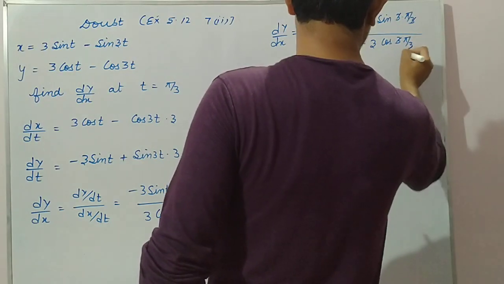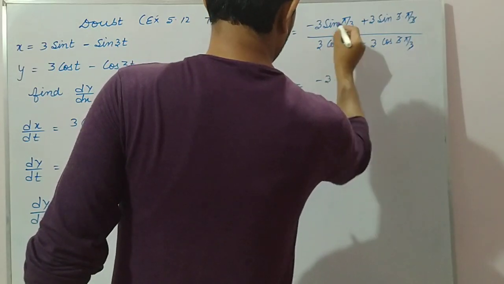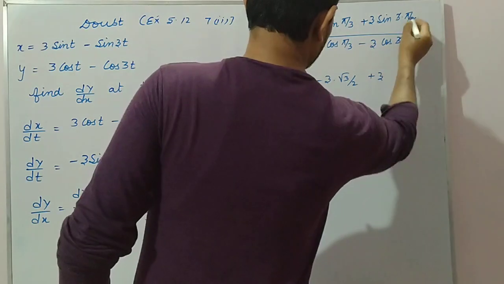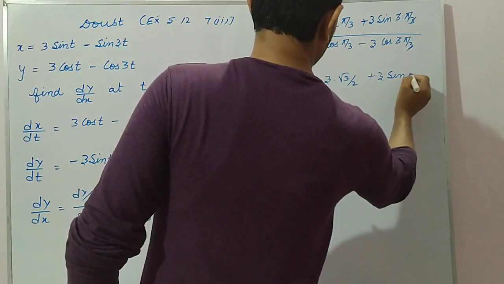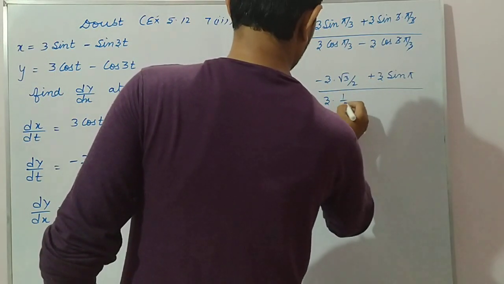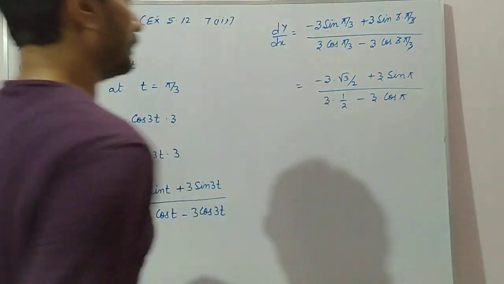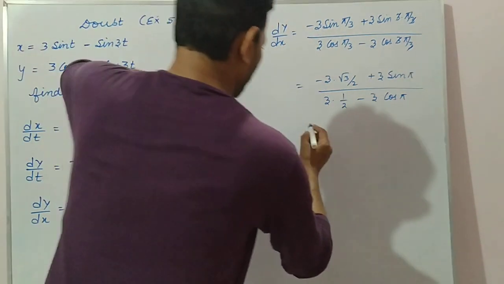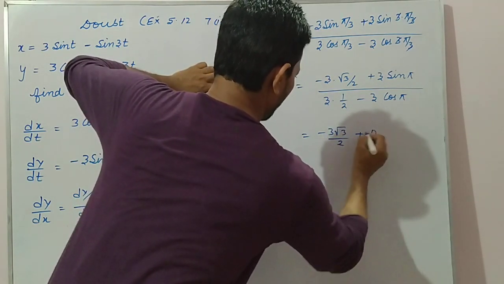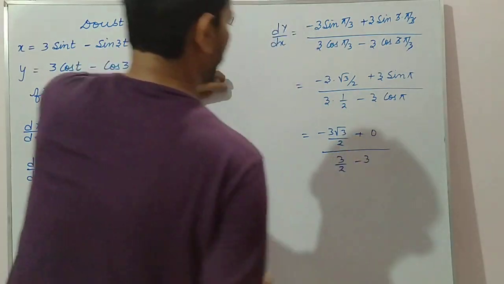This will cancel out. Minus 3 sin pi by 3, that is root 3 by 2, plus 3 sin pi, divided by 3 cos pi by 3 is 1 by 2, minus 3 cos pi. So this one is minus 3 root 3 by 2 plus sin pi is 0, divided by 3 by 2 minus 3.